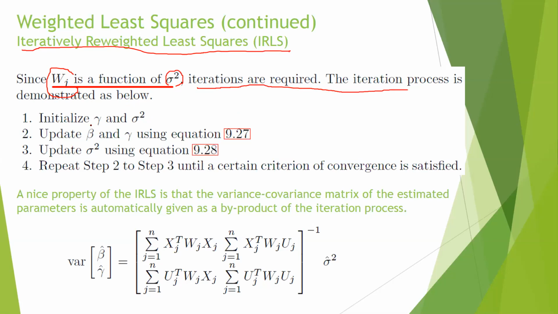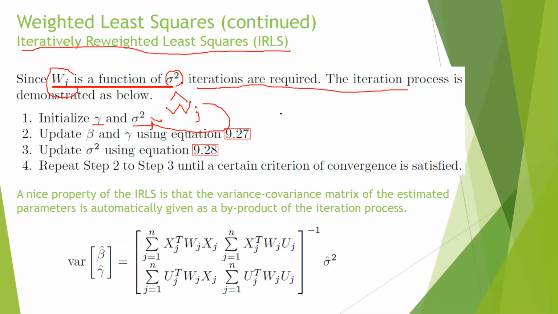What we do is we can let R or another statistical program know the initialized value for gamma and the sigma square. Once we have the initial value, we can calculate Wj. We update that Wj, right? Once we get the updated value for Wj, we can use it to go back and calculate and update the sigma square.